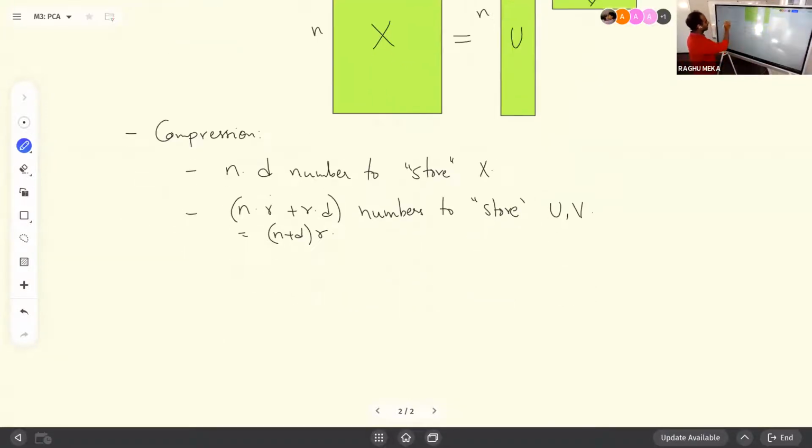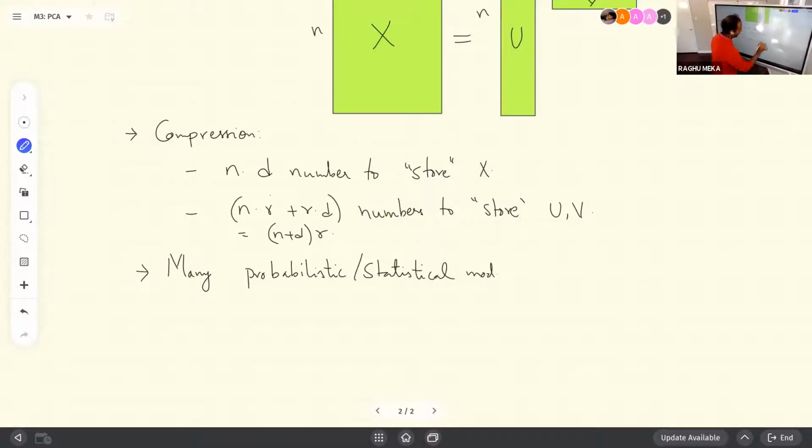The second advantage, which is not something that we're going into, is that there are many probabilistic or statistical models that yield low rank matrices.